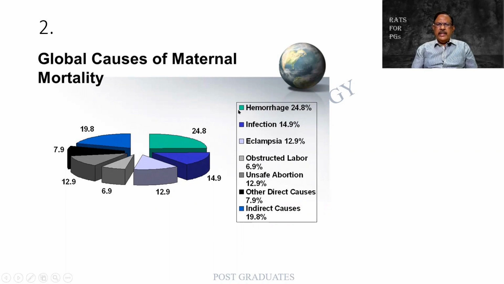This again is data taken at random from the net, but a wonderful piece of information. It can be because of hemorrhage, infection, eclampsia, obstruction, unsafe abortion procedures. It can be direct causes, indirect causes. Very wonderfully compiled. This we shall always have in mind. Think of the subheadings. The subheadings will take you to the answer.